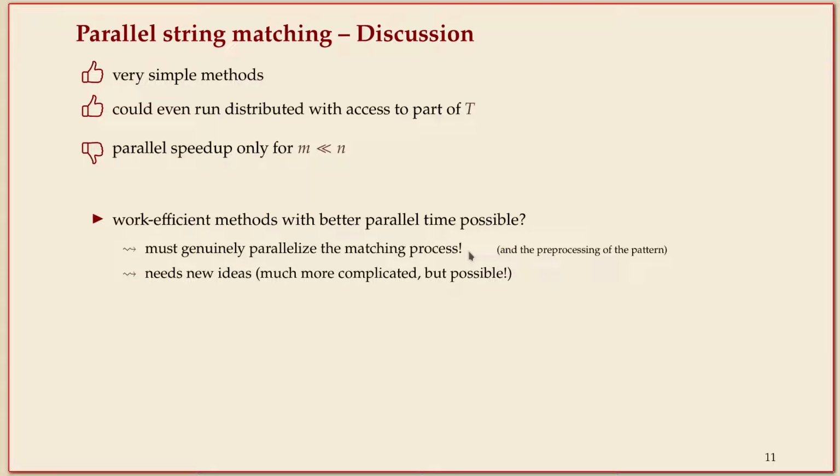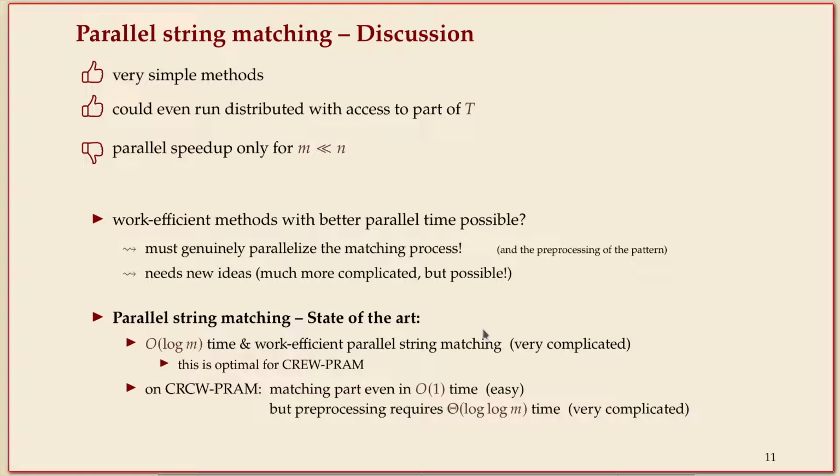That we can do if it's just checking two strings for equality, but the pre-processing of the pattern is also part of this. And as far as I know, this is not possible with easy methods. But people have figured out more complicated ways to do that. I skipped those here.